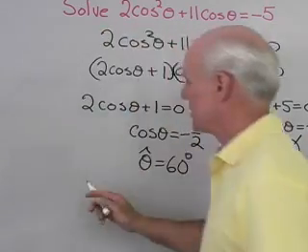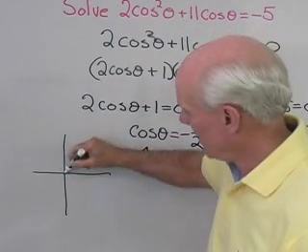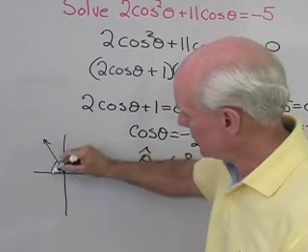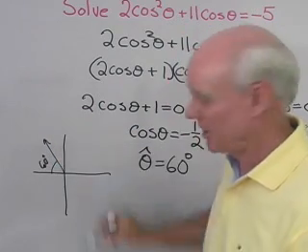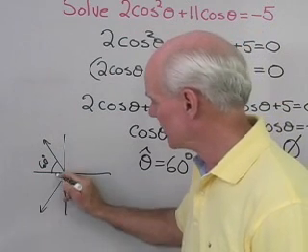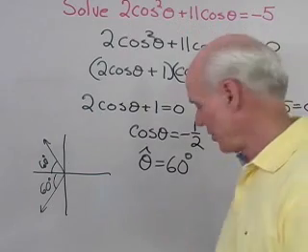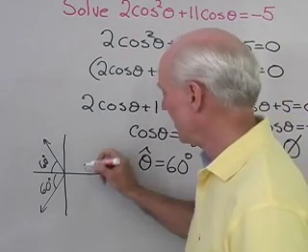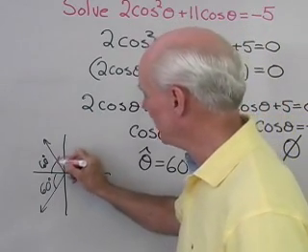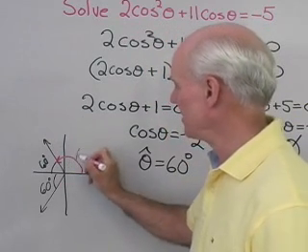So let me go over here for a second and let's see if we can write down a little diagram. Here's 60 degrees in quadrant number 2, and then here is going to be 60 degrees in quadrant number 3. So what are the two angles I get out of this? Well, first of all, I get this angle, which will be 180 degrees minus 60 degrees.